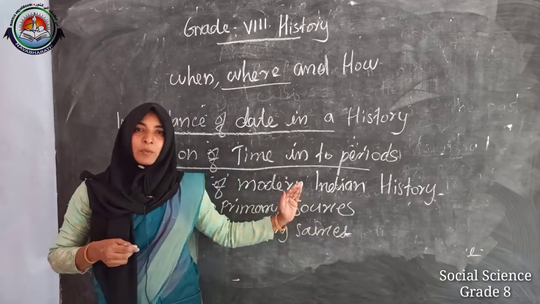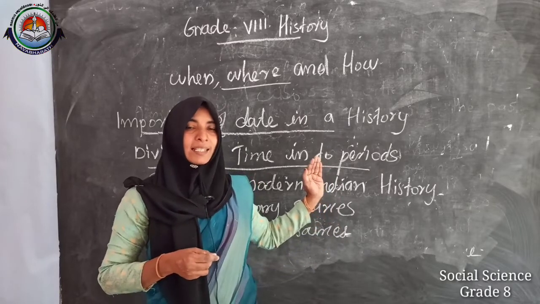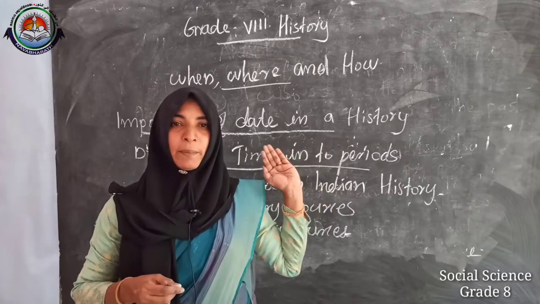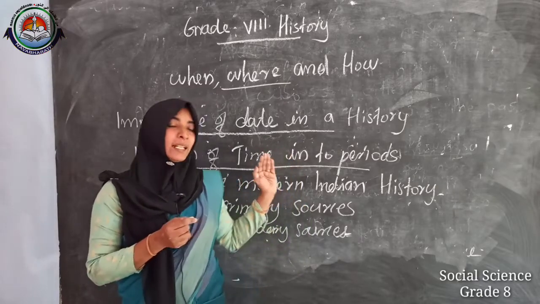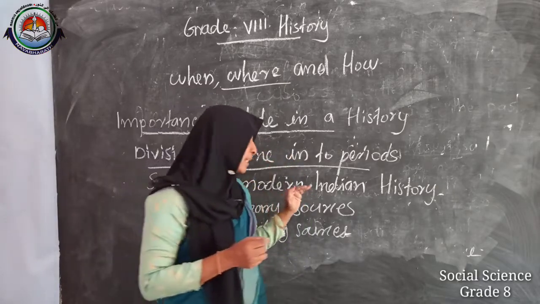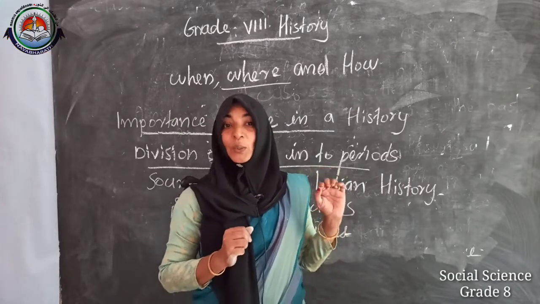That means up to the 12th century, James Mill considered it a Hindu period because Hindu rulers and Sanskrit texts were used in that period. That period is known as the Hindu period.